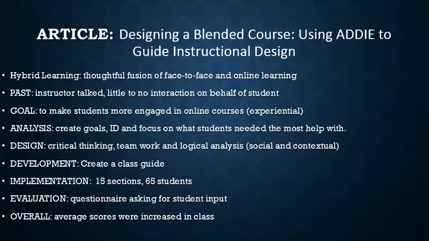They were most pleased with the fact that they were able to engage the content versus simply taking notes and taking a test. And overall, average scores were increased in the class as opposed to previous online environments and face-to-face interactions. So this hybrid system best worked after the ADDIE guide was implemented and followed.